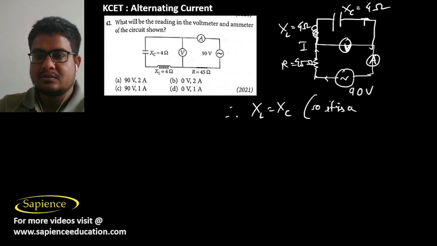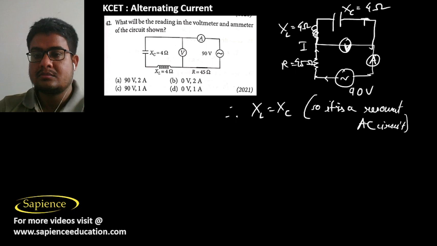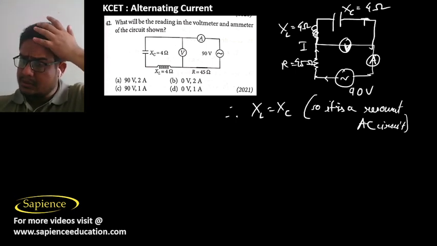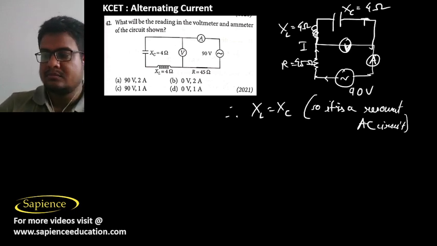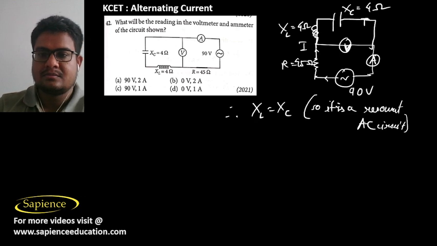That is the resonant AC circuit. So therefore Z is equal to R. The net impedance is equal to the resistance, 45 ohm.